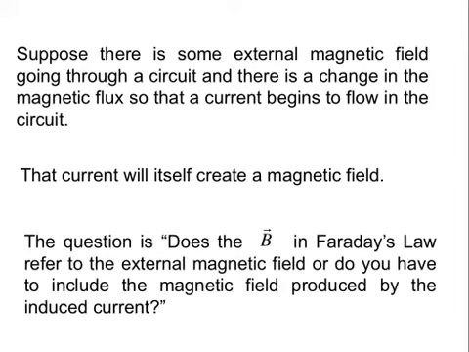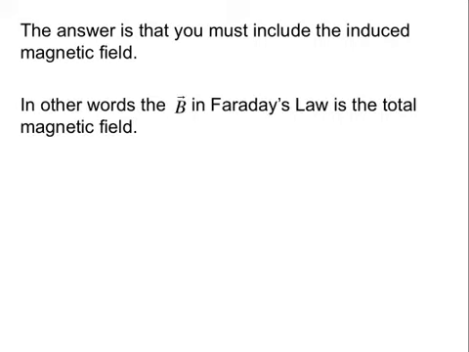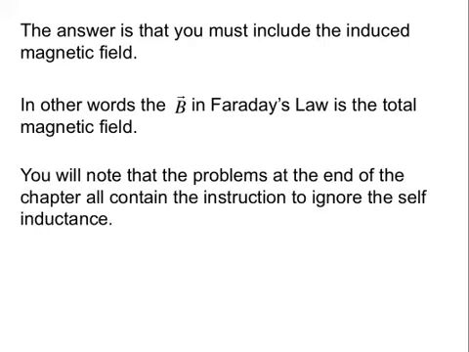The question is, does the magnetic field in Faraday's law refer to the external magnetic field, or do you have to include the magnetic field produced by the induced current? The answer is that you must include the induced magnetic field. In other words, the B in Faraday's law is the total magnetic field.